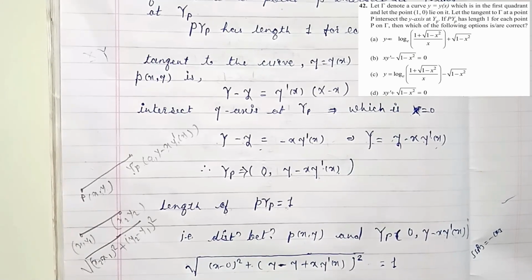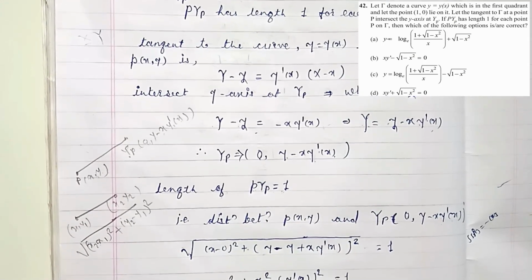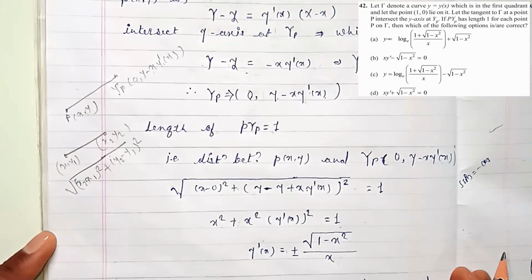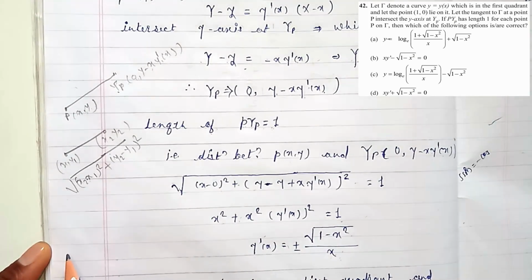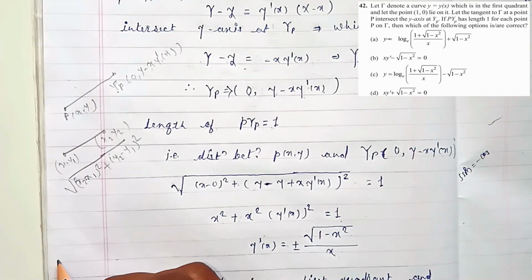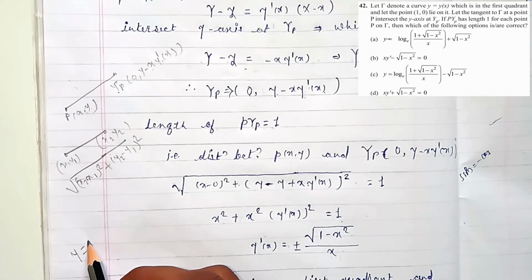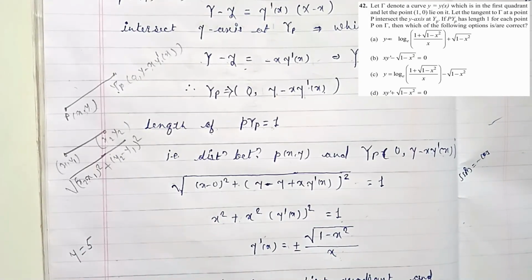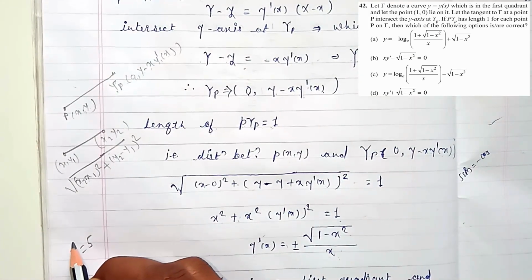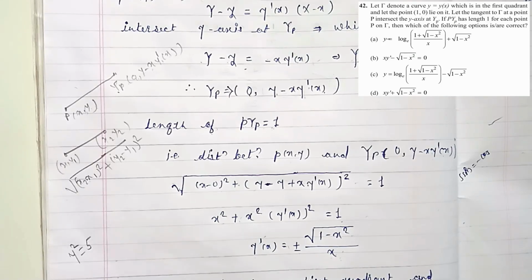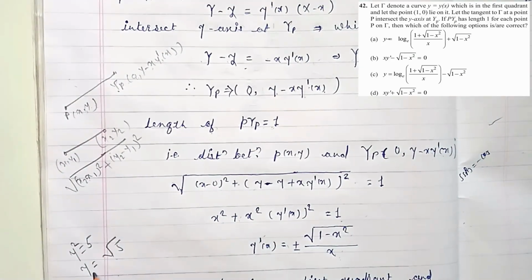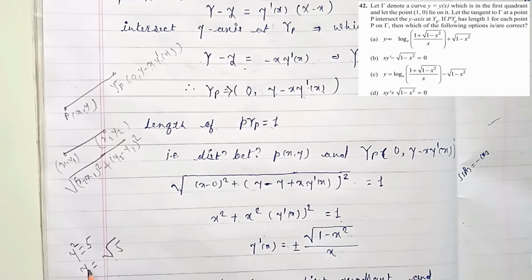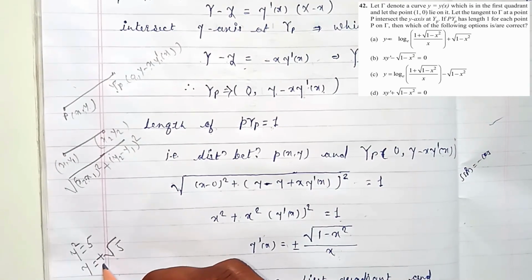Now here we can see we have 2 values. Most of the students get confused about the value for y dash of x. As we know, if we have y square equal to 5, we write y equal to square root of 5, but here we have 2 signs, plus and minus.